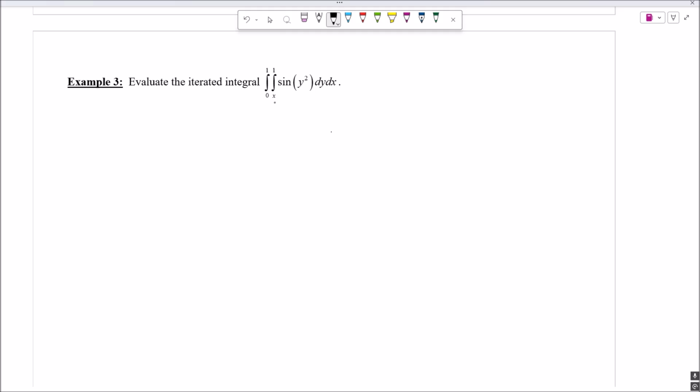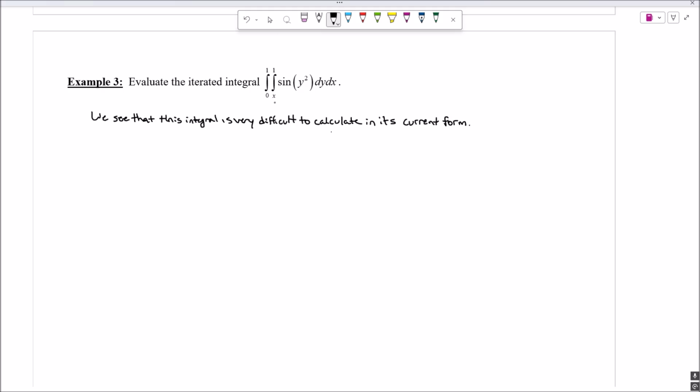I'll say we see that this integral is very difficult to calculate in its current form. Again, that's because sine of y squared doesn't have an easy antiderivative.